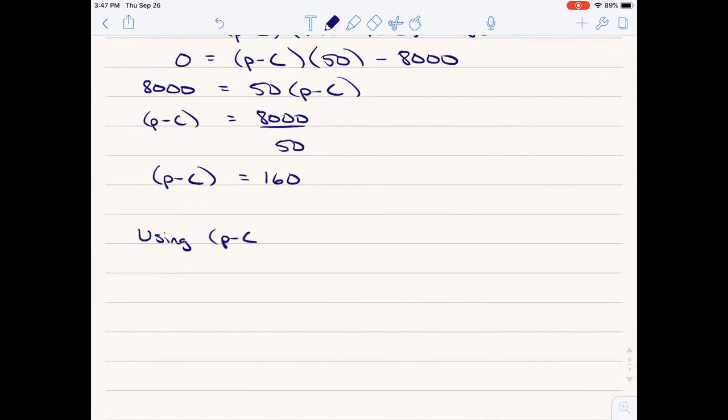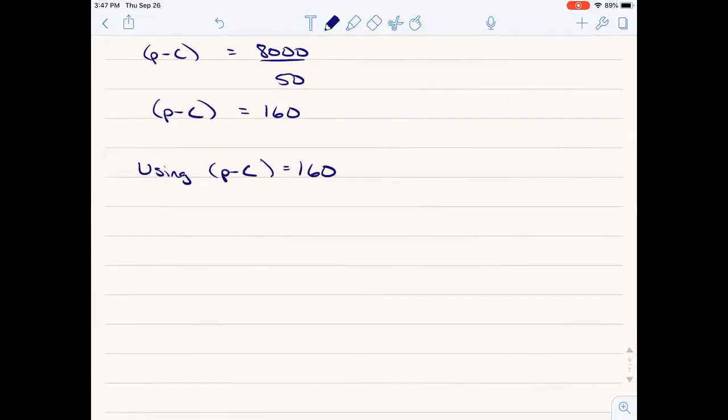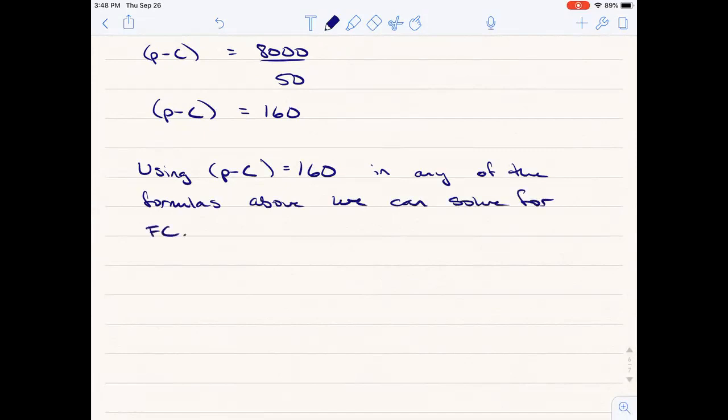Using P minus C equals 160, in any of the formulas above, we can solve for the fixed cost.